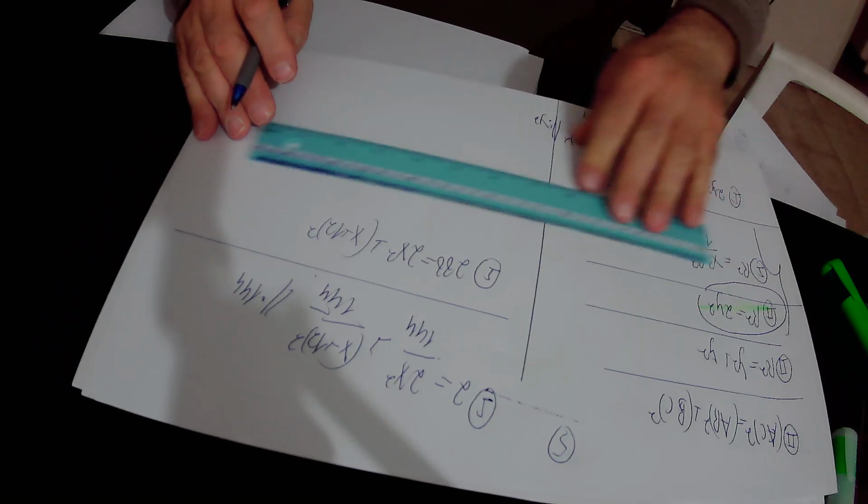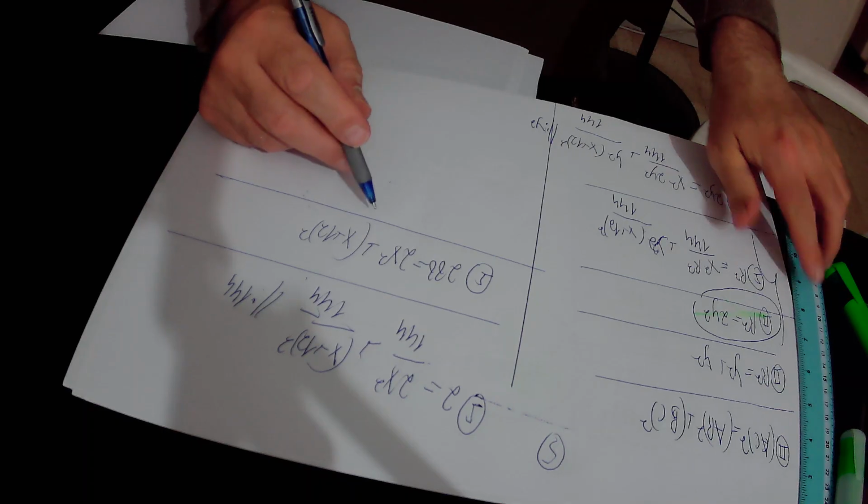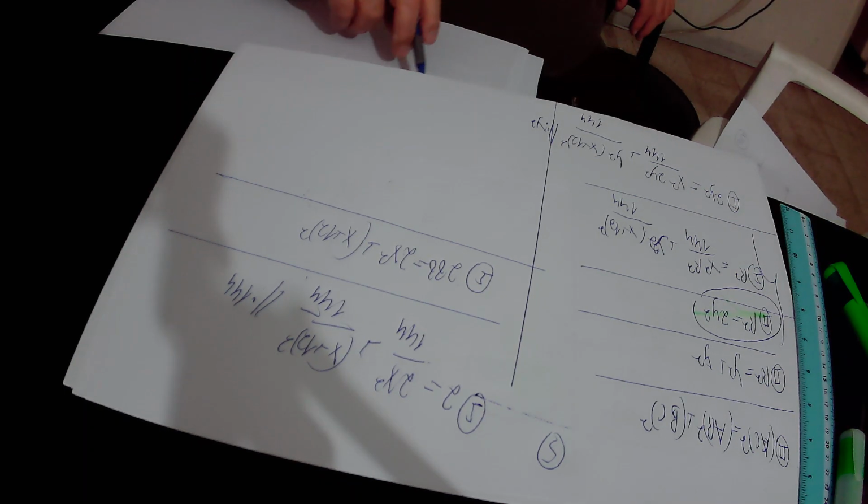So according to equation 1, we found out that 288 equals 2x squared plus x plus 12 squared.